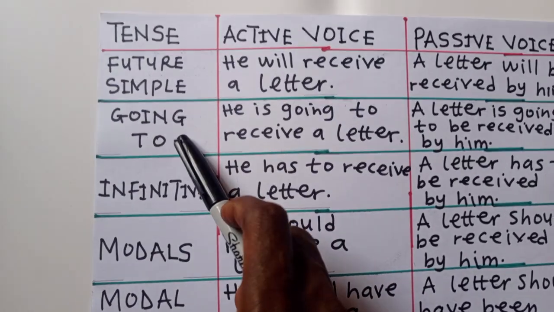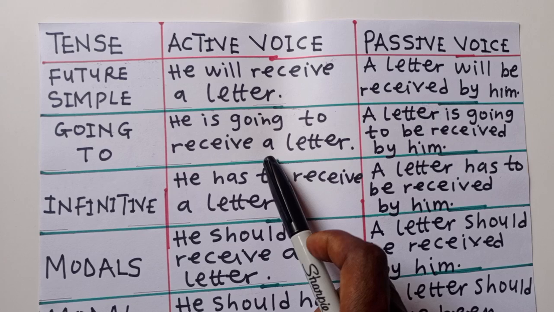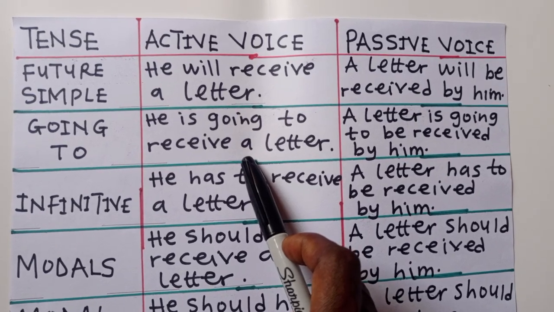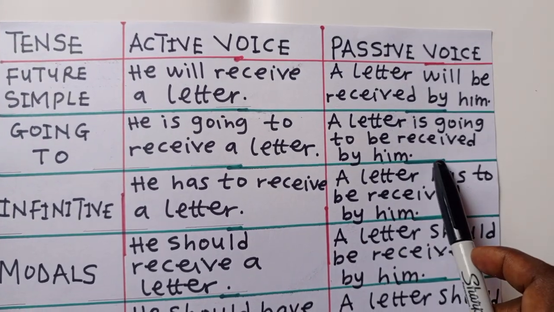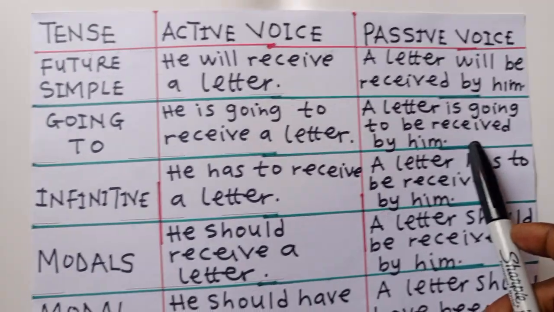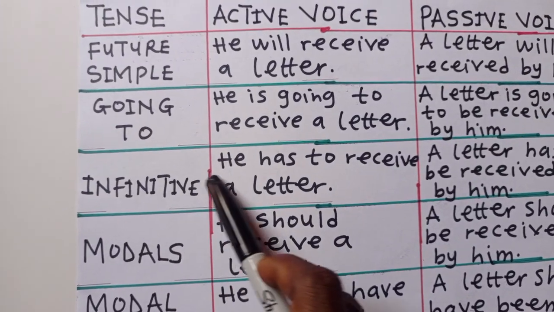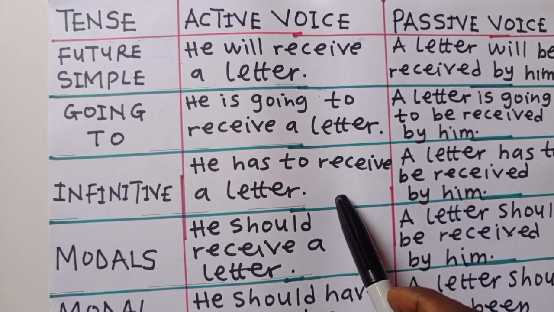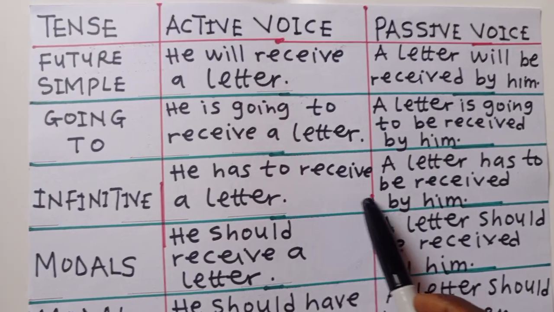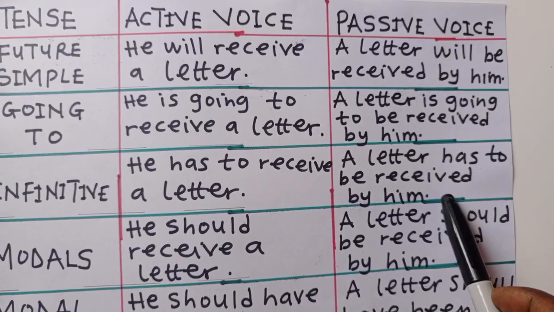Then for going to tense, example for active voice, he is going to receive a letter. Then for passive voice, a letter is going to be received by him. And then for the infinitive, active voice example, he has to receive a letter. Then for the passive voice, a letter has to be received by him.